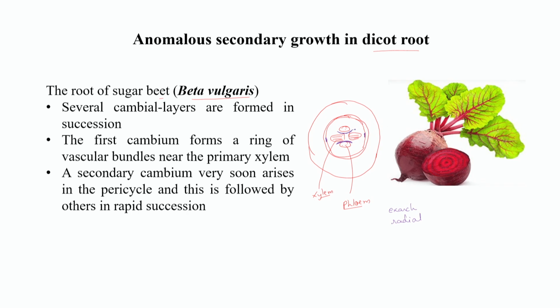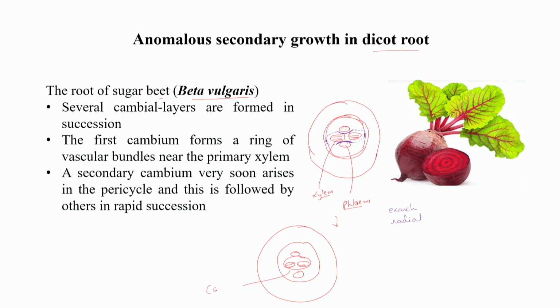This tissue will extend and it will join together and it will encircle xylem on the inner side, leaving phloem on the outer side. So this type of structure you will have later. In the center, suppose this is the cambium ring and this is forming xylem, encircling xylem here, and phloem is on the outer side.